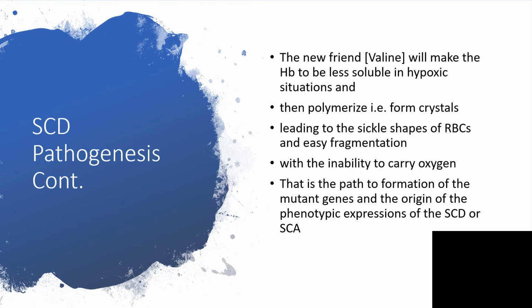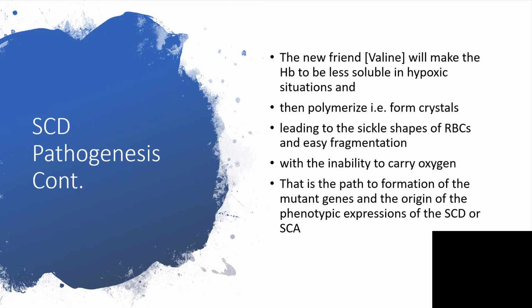The new friend, that is valine. Instead of glutamic acid, we now have valine, right? That will make the hemoglobin less soluble under hypoxic situations. And with that, they will easily polymerize. In other words, they form crystals. That will lead to sickle shapes of the red blood cells.